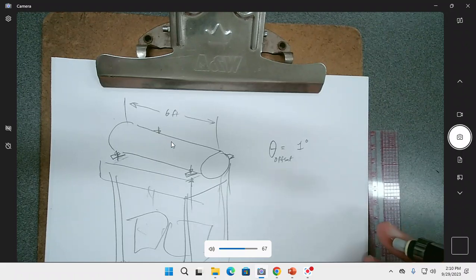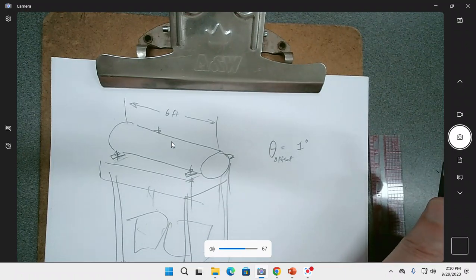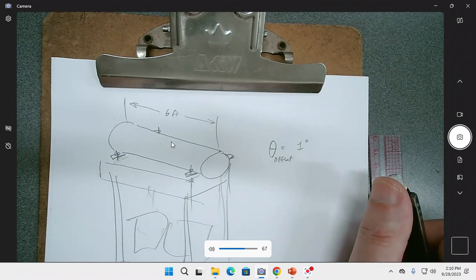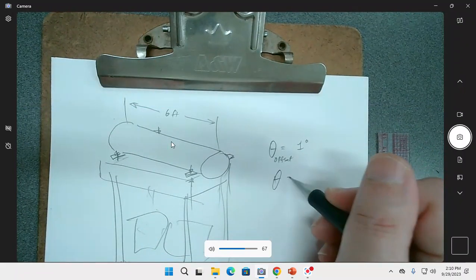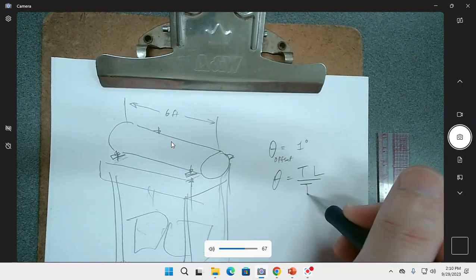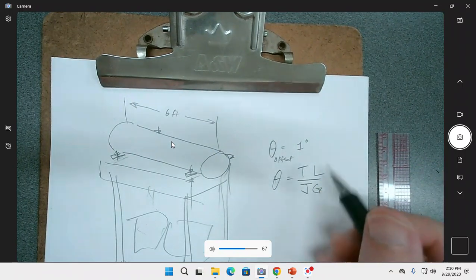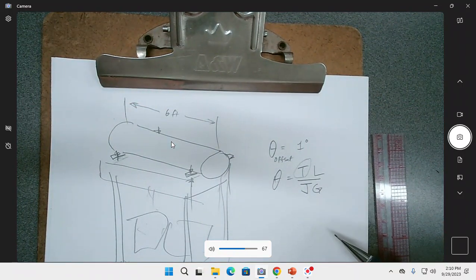At least we wrote down the equation once. It's a good one to memorize. It kind of rolls off the tip of your tongue. So if we know this, we can find the torque. Isn't that evil? Yeah, a little bit.